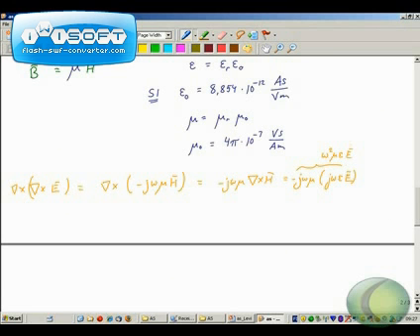Double curl. You may have heard this, the BAC-CAB rule. Have you heard BAC-CAB? It is B(A·C) minus C(A·B), BAC-CAB. And now we have to have dots here and like this. It's a bit complicated.